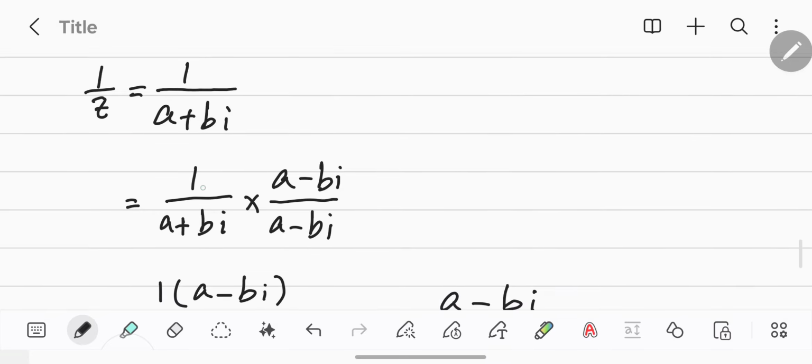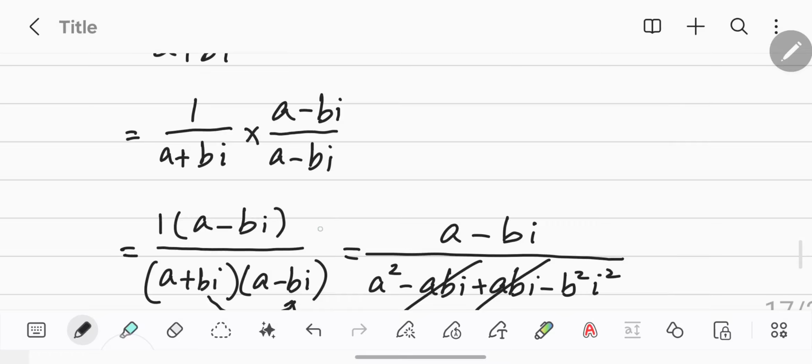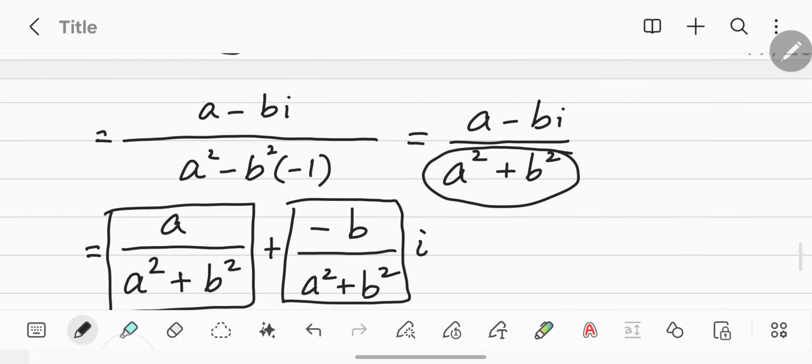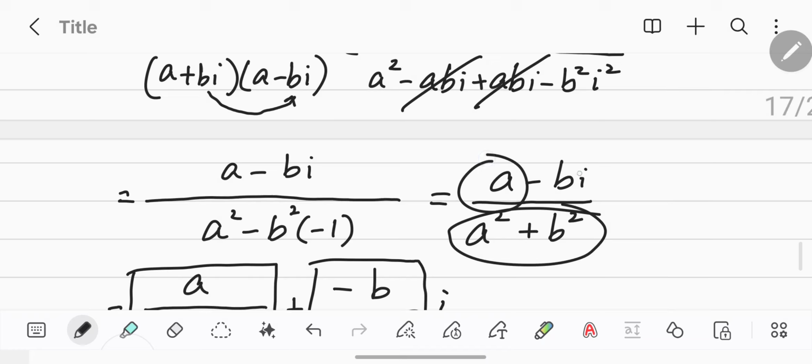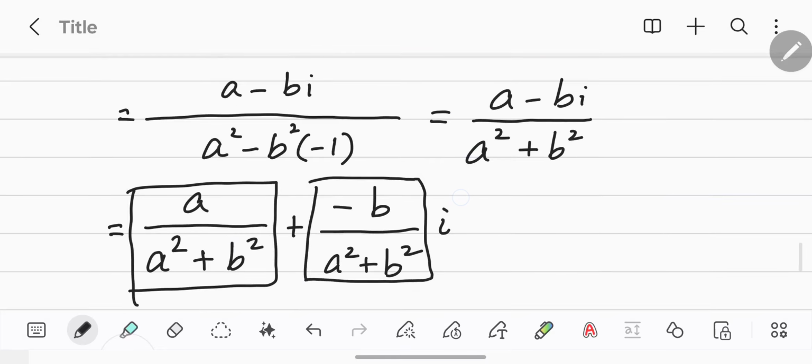I multiplied and divided by the conjugate of the denominator of the complex number. Then we just had some simplification. After simplification, I distributed the denominator over both of the numerator terms. In the numerator, we had two terms, so I distributed the denominator with each of these terms. So this is now a complex number in this form, a plus b iota or x plus y iota. Okay?